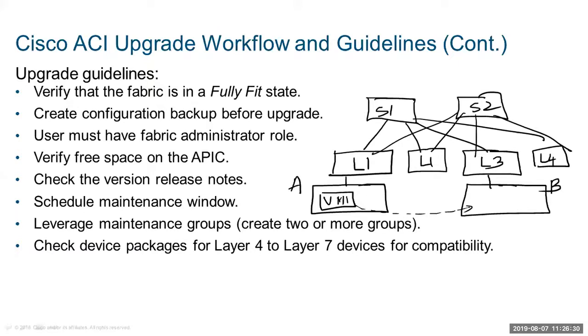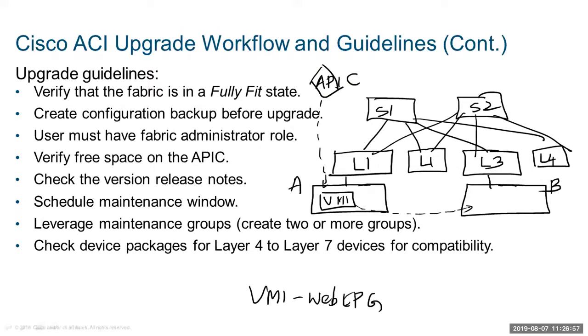Well, let's think over it a little bit more. APIC is the device which tells the switches what policy to download into the switch. So VM1, let's say it belongs to web EPG.